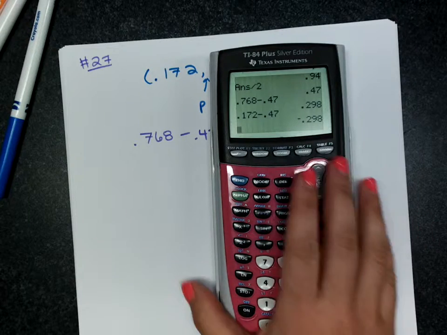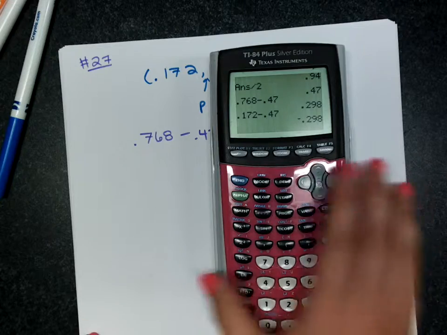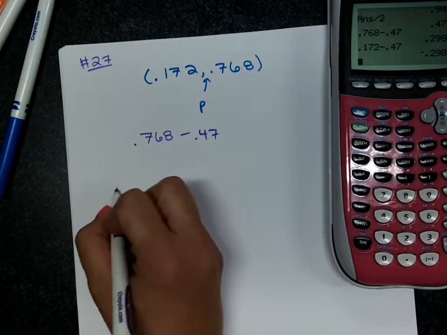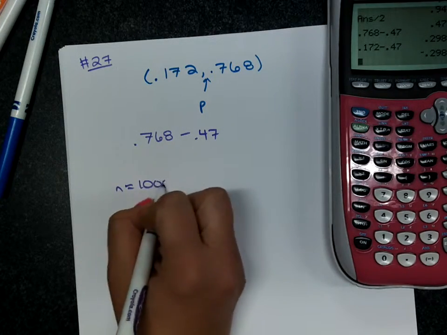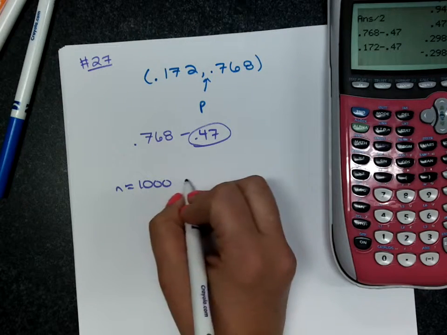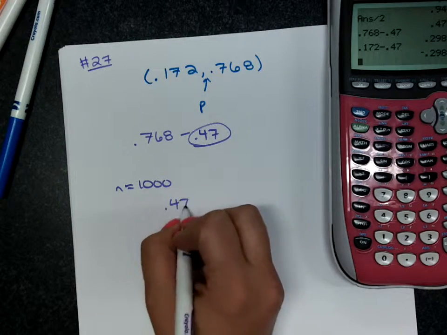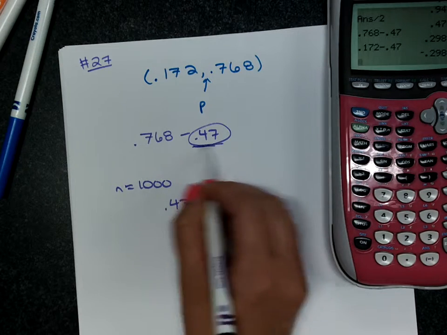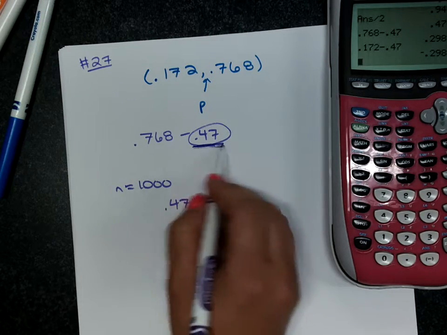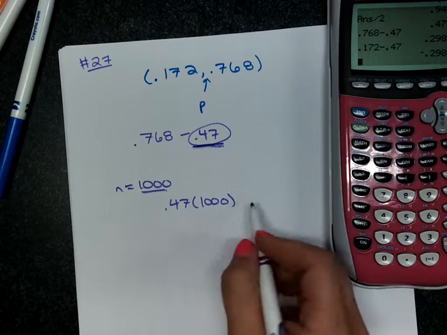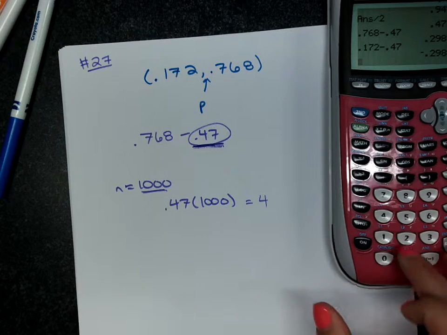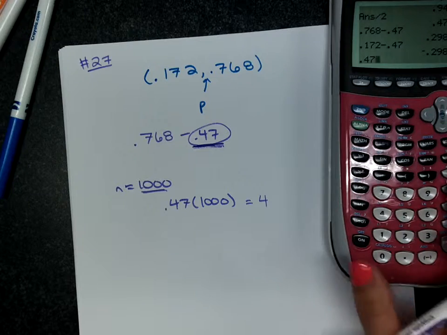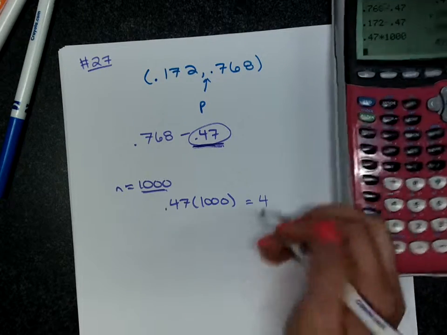And then the number of individuals in the sample with a specified characteristic. Our sample size is 1,000. We're going to take our point estimate and multiply that by our sample size. So we're taking our sample point estimate multiplied by the sample size, I believe that's 470.